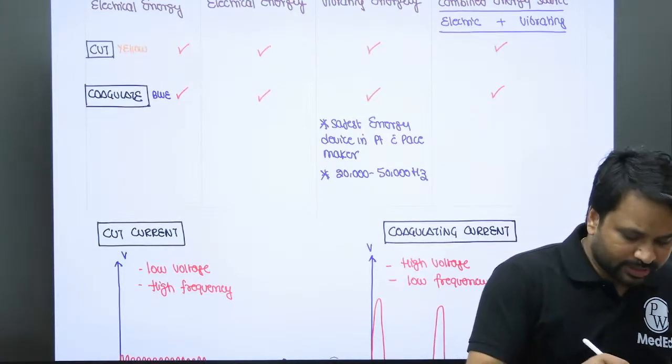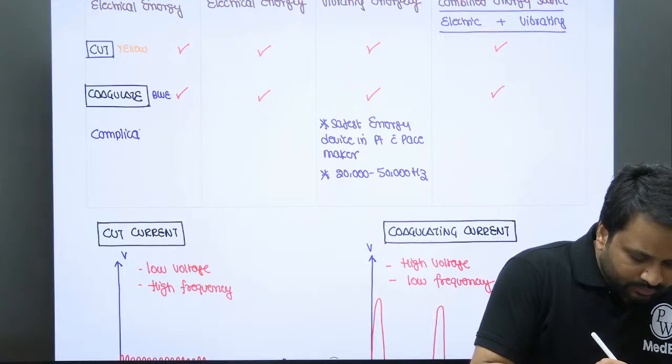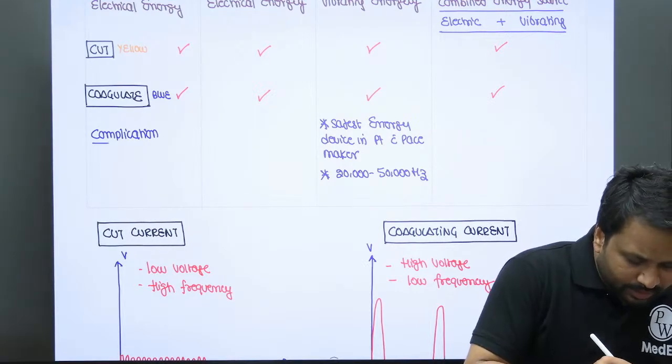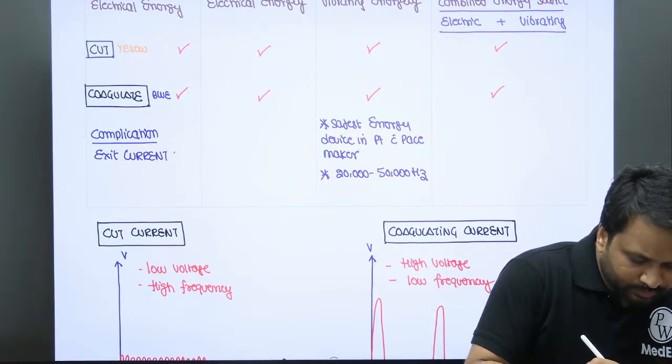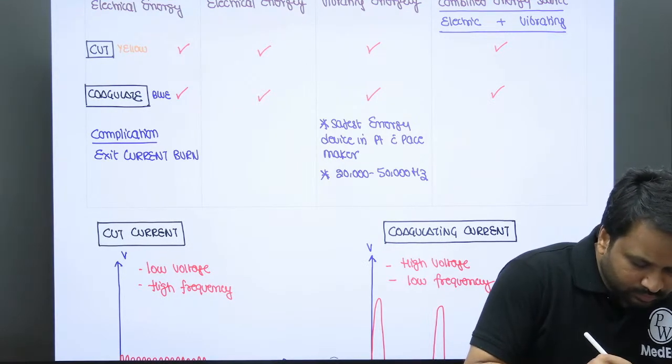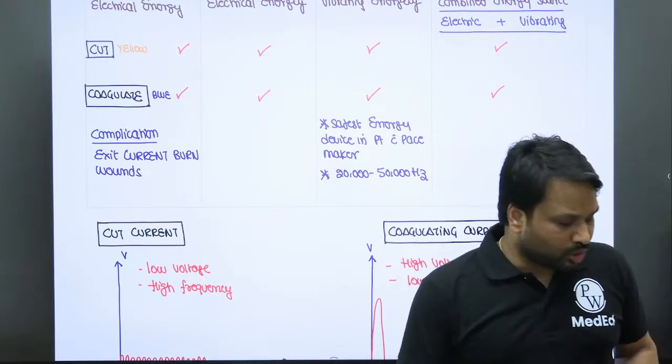So the complication that I can list here is an exit current burn wound. That's the most common complication.